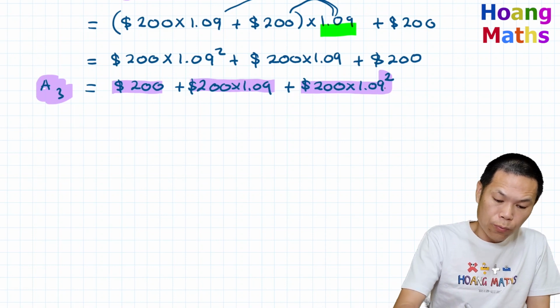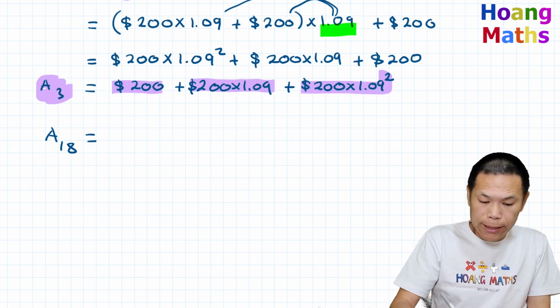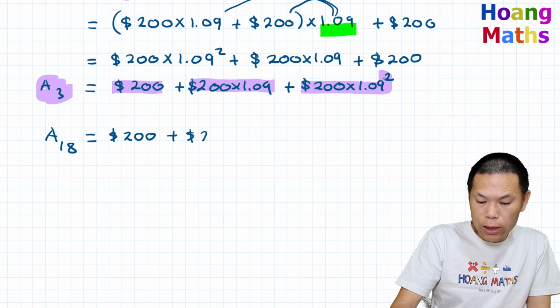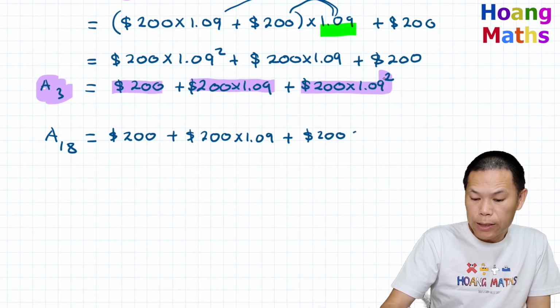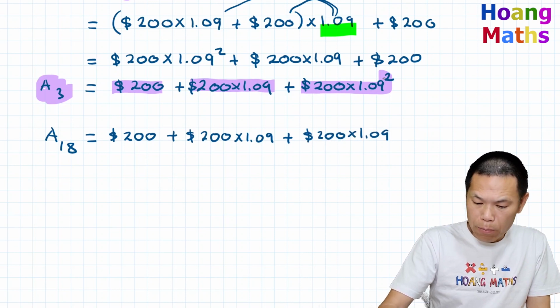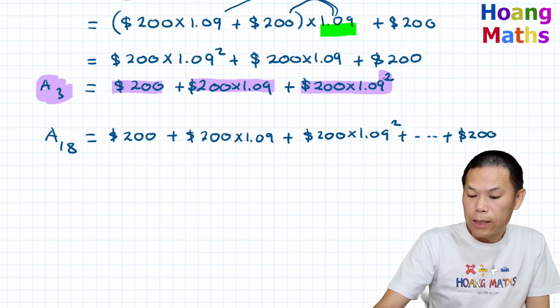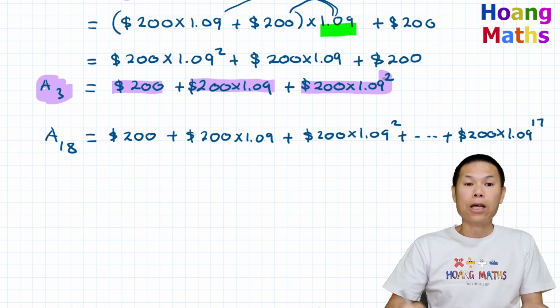Therefore, we need to work out A of 18. So A of 18 is 200, we add 200 times 1.09, we add 200 times 1.09 to the power of 2, and so on, and we add 200 times 1.09 to the power of one less, keep that in mind, so 17 instead. So there you go.